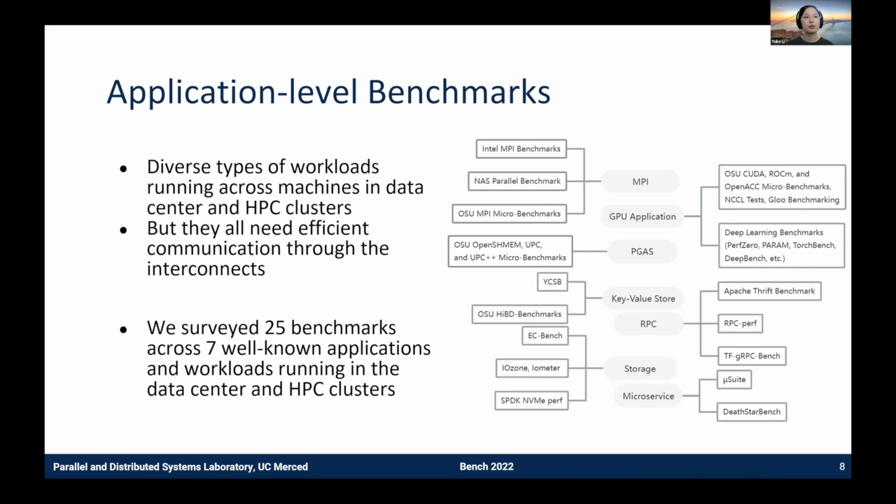We surveyed 25 application-level benchmarks across 7 well-known applications and workloads running in data center and HPC clusters, and gave detailed descriptions of their categories, metrics, and other features.